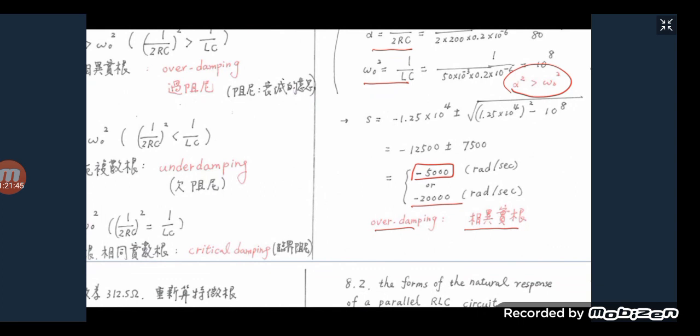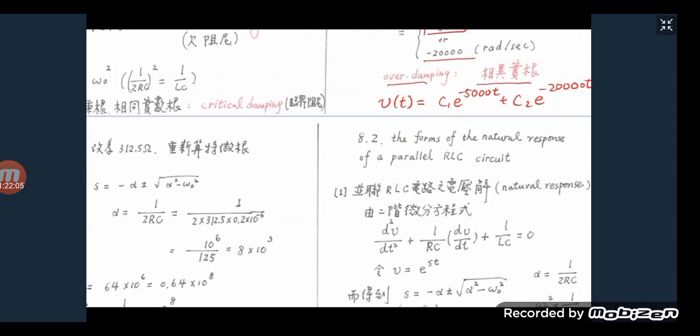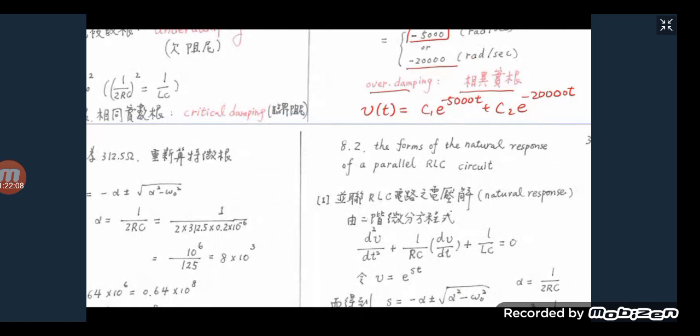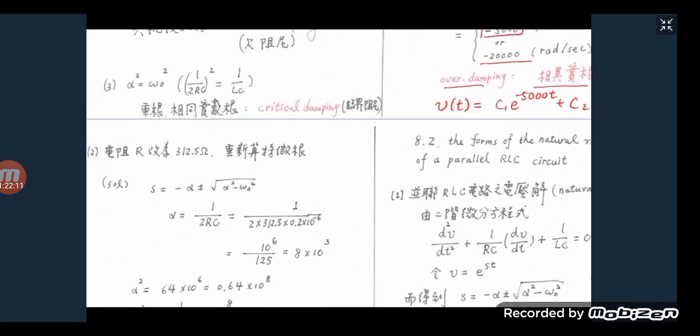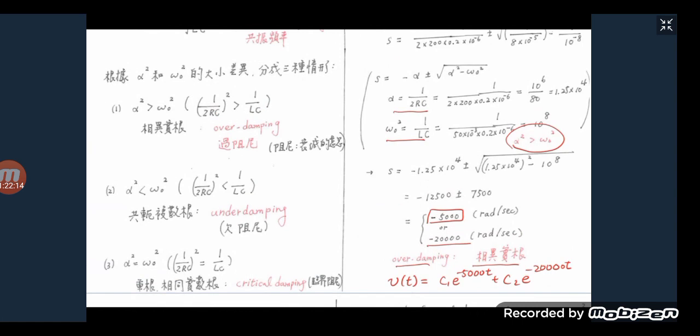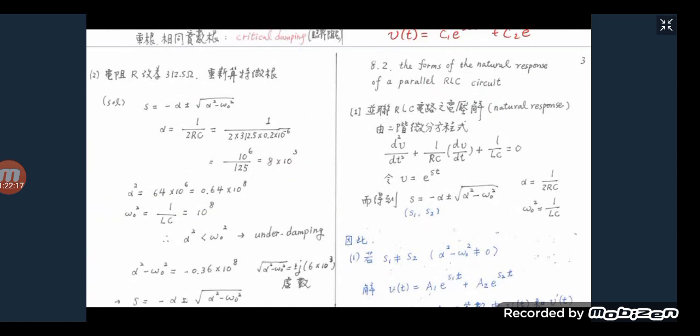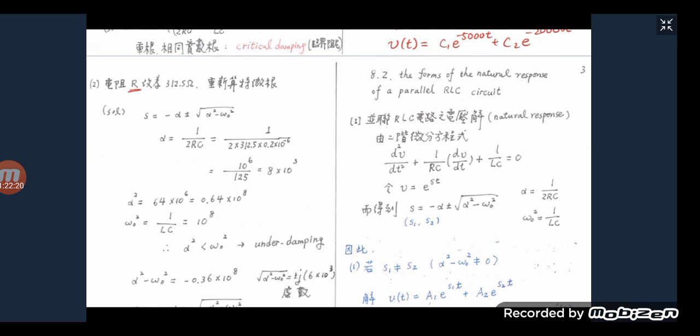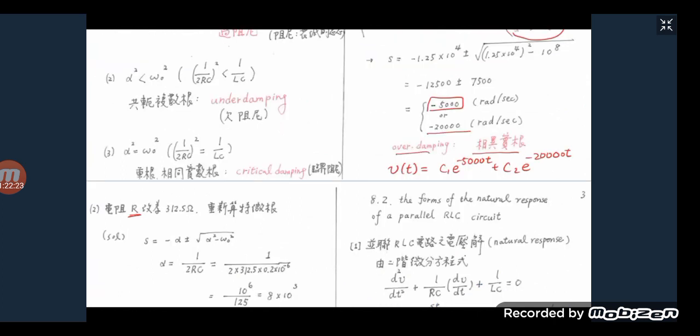So you can organize the final solution in this way, but it will be discussed in the next section. Here we just take a simple look at how to find the three cases.